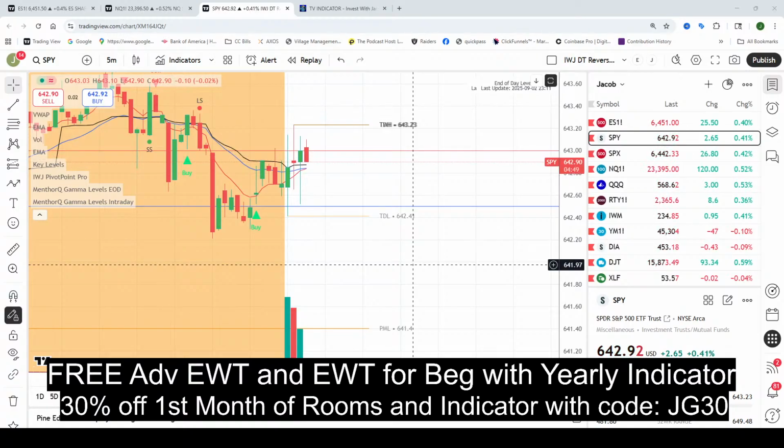RTY has strengthened quite a bit. We'll see if it can maintain that strength. And YM has remained red, as have the banks. So mixed signals all around. You're not seeing strong breadth, and you're not seeing strong moves, and that's because you have markets going in two different directions.